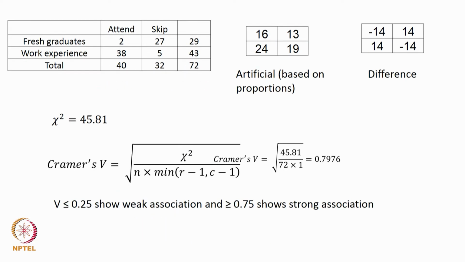With V greater than or equal to 0.75, we can say there is an association, and one can generally conclude that people with work experience tend to attend more classes, while fresh graduates tend to skip classes. So, there is an association between the type of student and the decision to attend or skip.